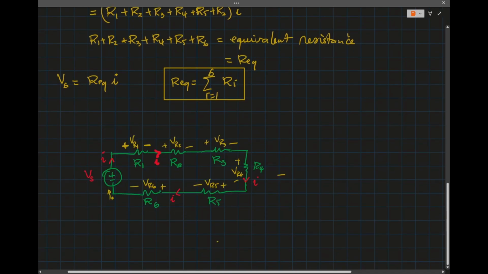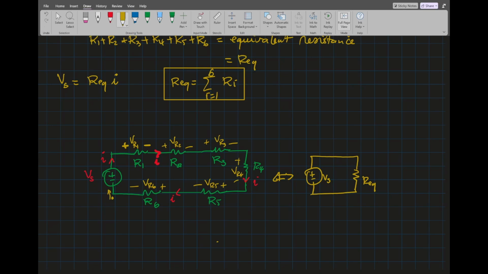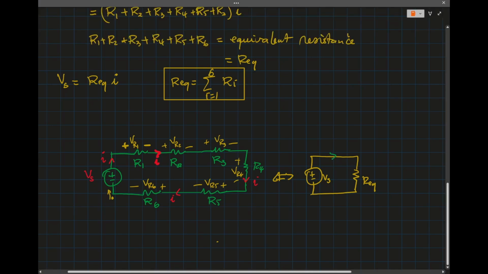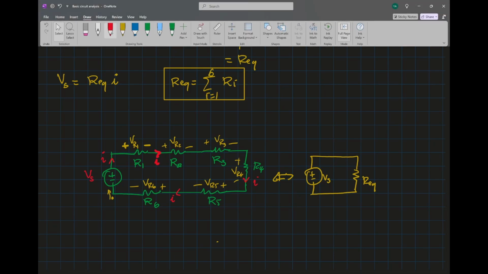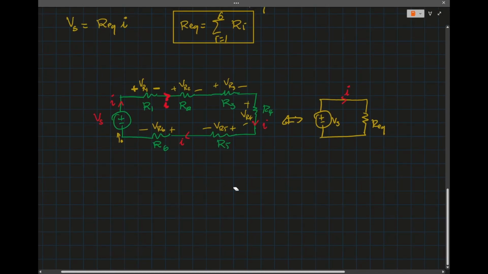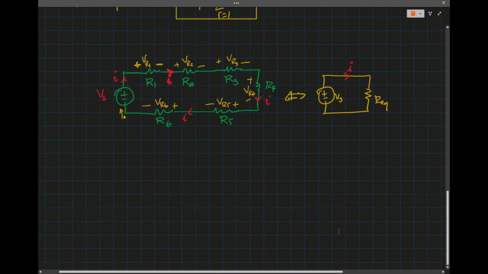So this is equivalent to this voltage source Vs in series with this resistor that we call R equivalent, which is the sum of the resistances, and the current I is the same. So the resistances in series will be combined into one resistor, so we just add them up.